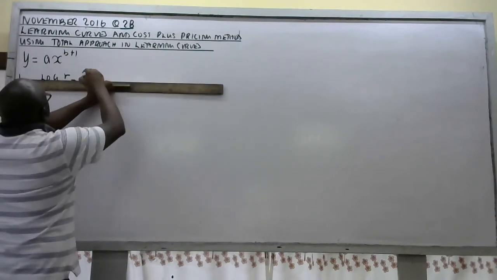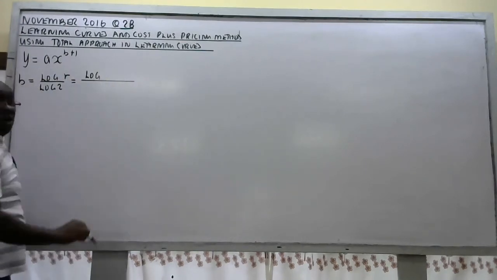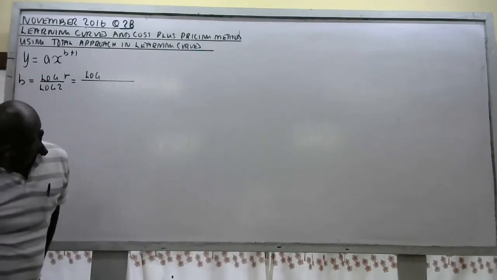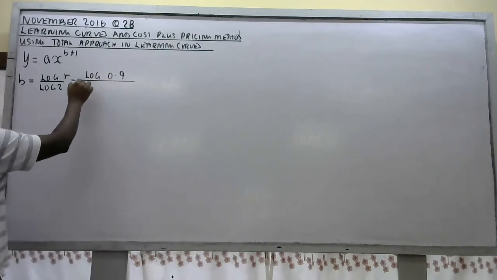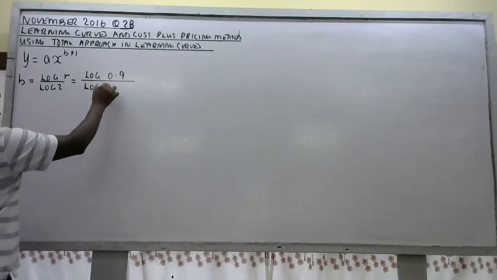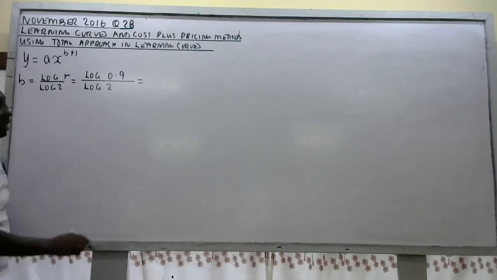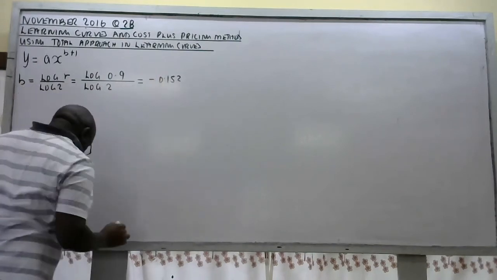So this one will be the log of 0.9, since the question has a running curve of 90%, divided by the log of 2. If you take your calc and say log of 0.9 divided by log of 2, it is minus 0.152.